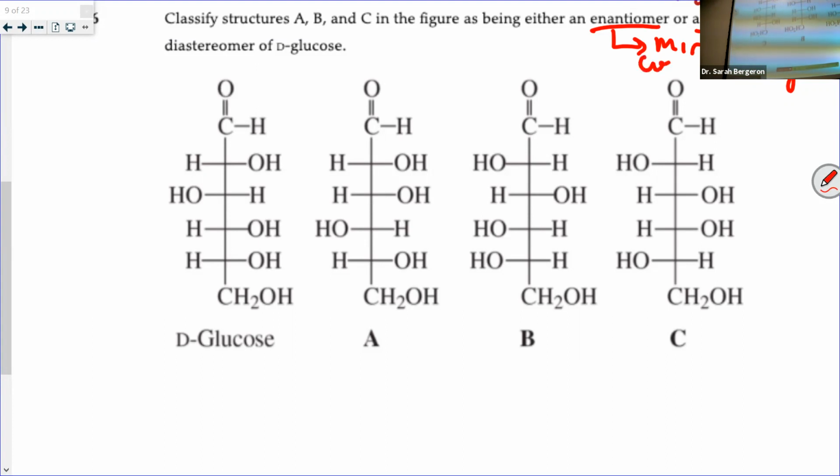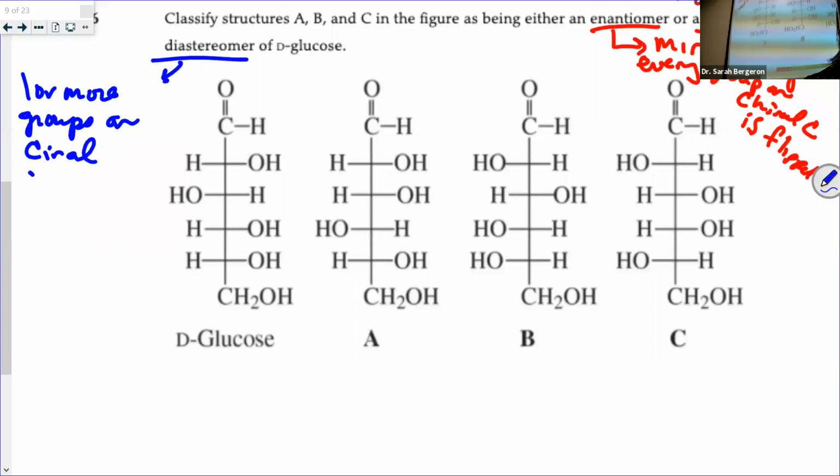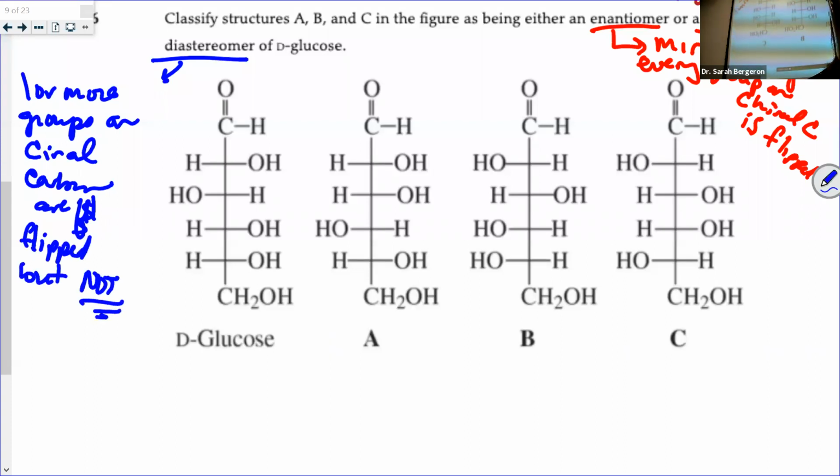So this is every group on the chiral carbons is flipped, right? So how about a diastereomer? How's a diastereomer different? It's not every single one. So it's one or more groups on the chiral carbon that are flipped, but not all.